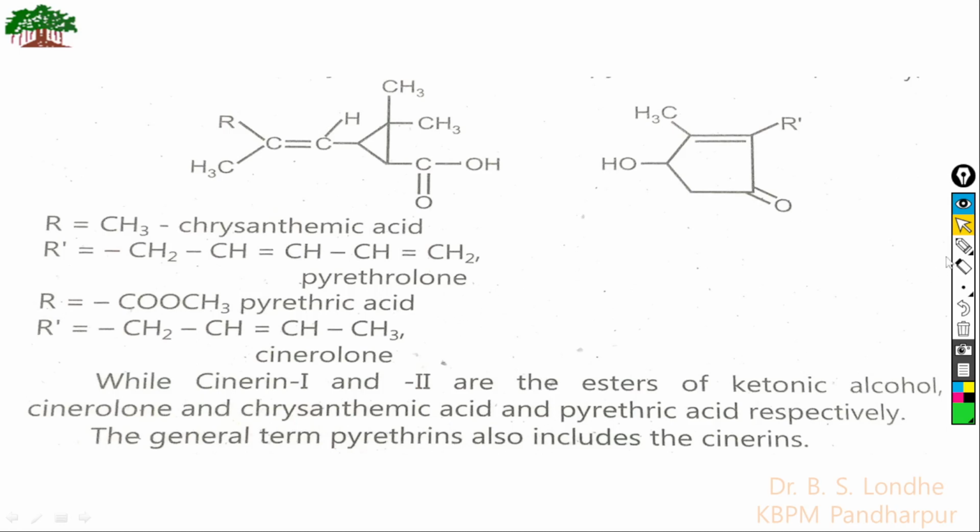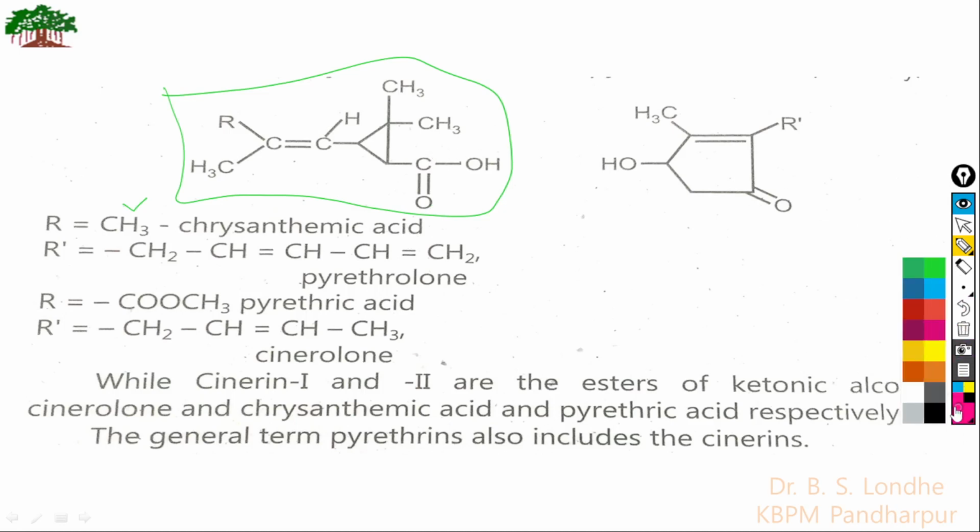Now here you see the structure. In this structure, when R is replaced by CH3, it is known as chrysanthemic acid, because this group is the acidic group COOH.